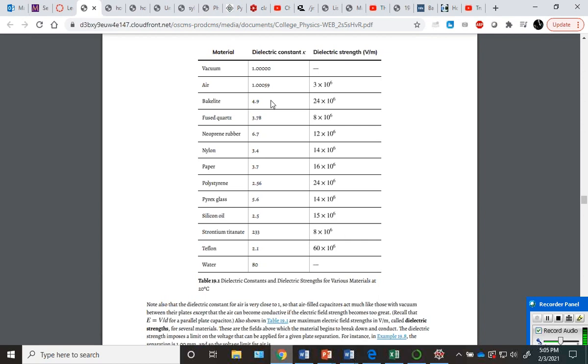Whereas bakelite has a dielectric constant of only 4.9 and a dielectric strength of 24 million. So there's no relationship you need to worry about regarding the dielectric constant and the dielectric strength, but know the difference between them. The dielectric constant will allow us to change the value of the capacitance of a device by the presence of the material, and the dielectric strength tells us the maximum electric field that we can have in between the plates.